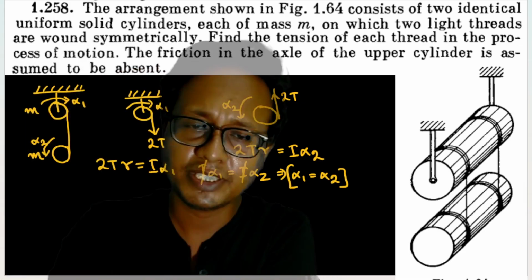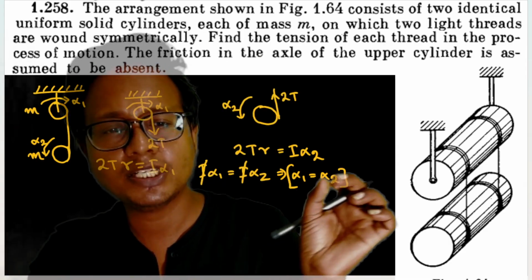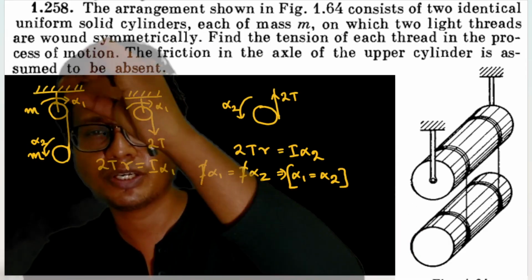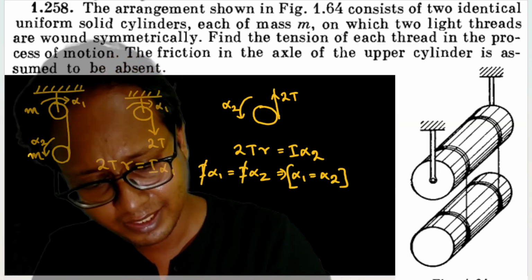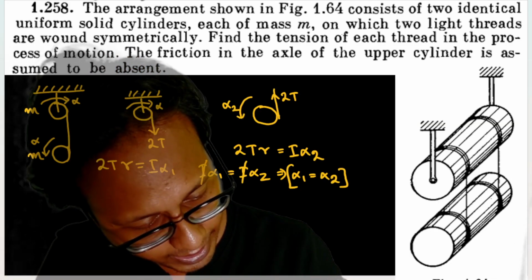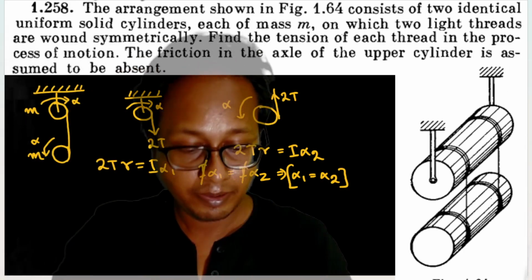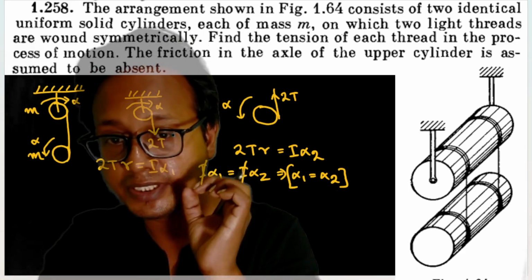So this much is done. Now what do we do? If alpha 1 is equal to alpha 2, let's name this with a common name: this alpha, this also alpha. Let's not increase the variables; let's simplify our names. Now let me ask you a simple thing.